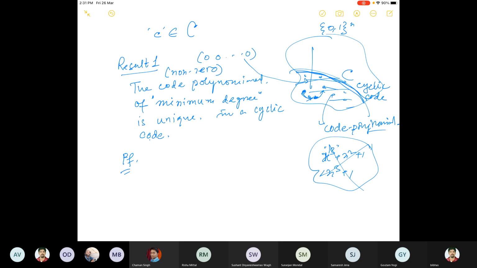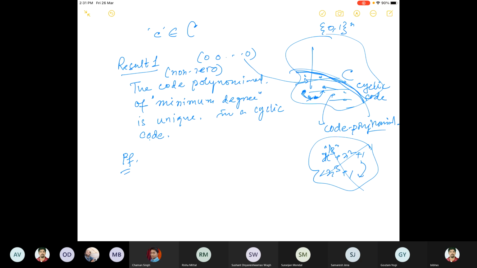Now what we are saying is, what is the polynomial of minimum degree? Suppose the minimum degree is 3. Then what we are trying to prove now is that there cannot be two polynomials having the minimum degree. So both of these cannot be part of the cyclic code. So the code polynomial of minimum degree is unique in a cyclic code. This is what we are going to do. Is that okay now?